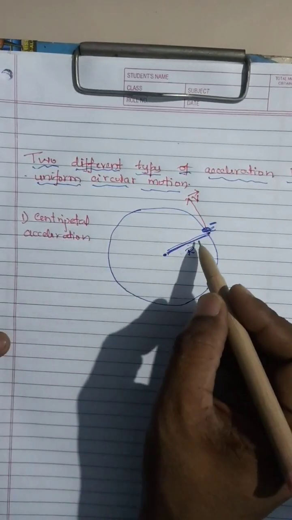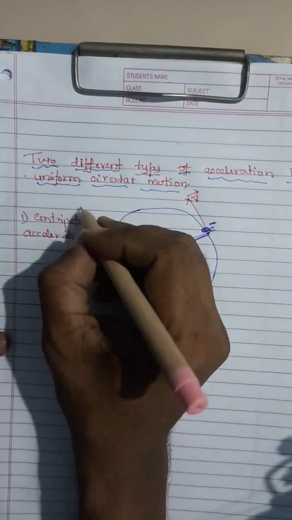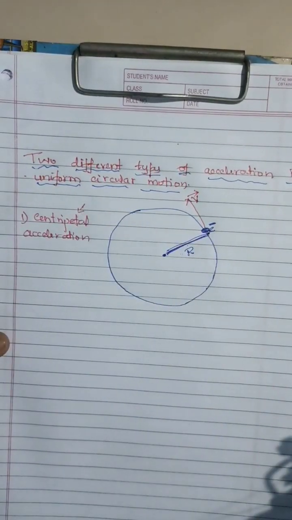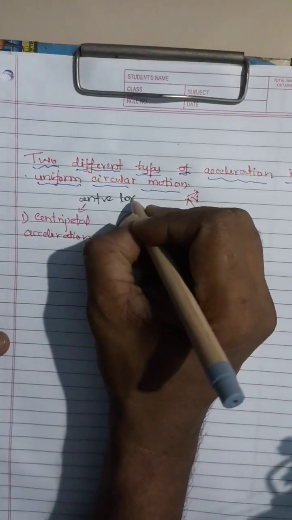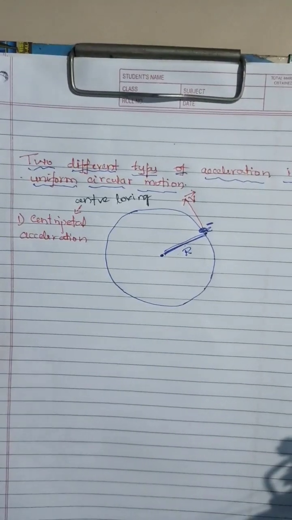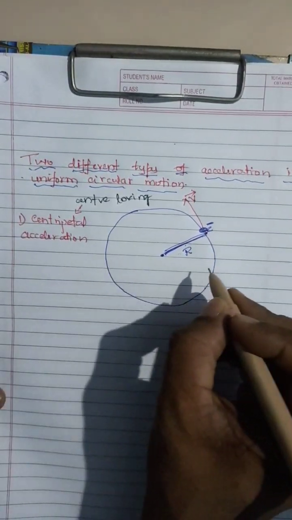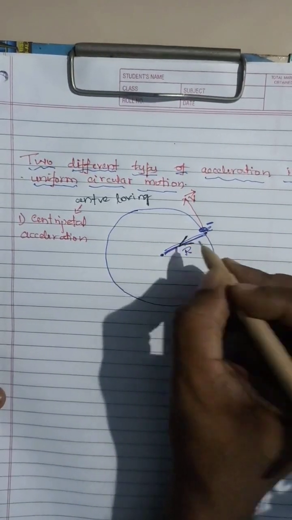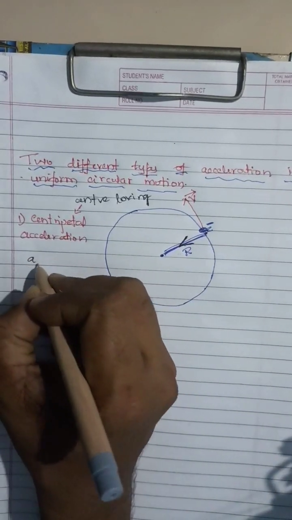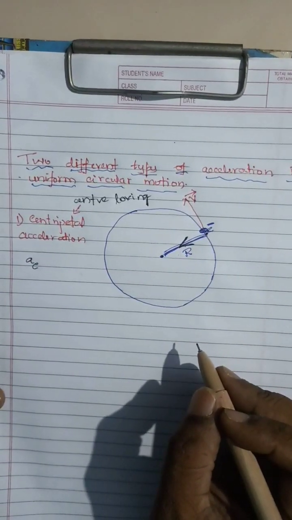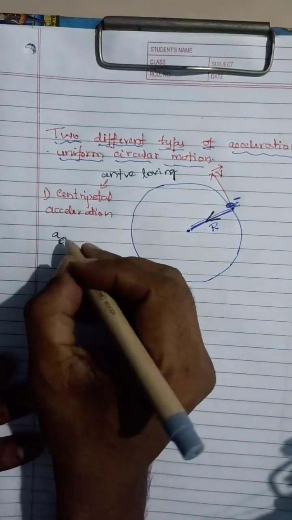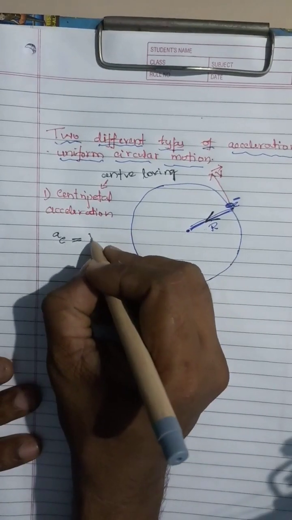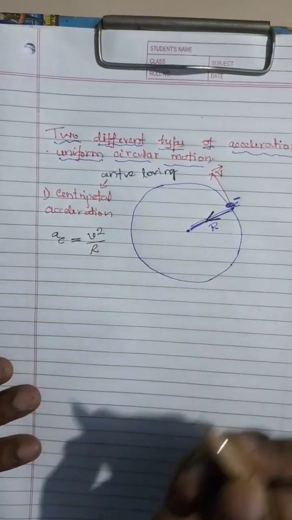Centripetal means towards the center, or center seeking, center loving. See here what we are getting. Centripetal acceleration is always towards the center, and normally it is denoted by AC. AC is given by the expression v square by r.